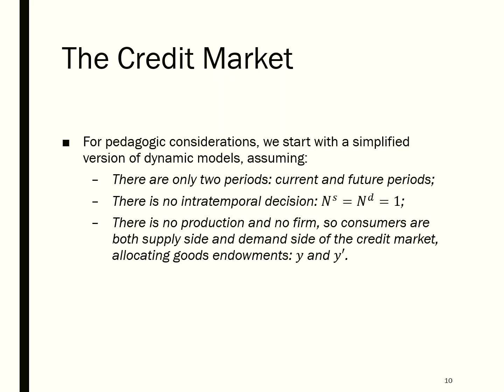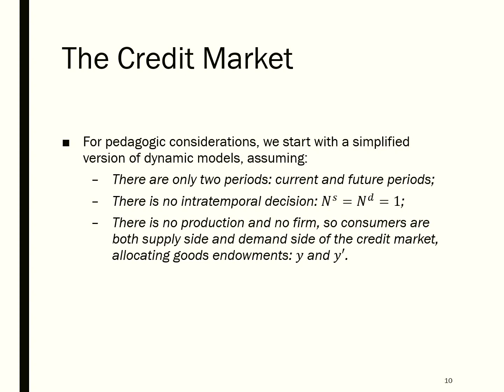Given that there is no production or no firm, consumers are both the supply side and demand side of the credit market. The endowment-rich consumers are the lenders who are lucky to have a higher income, and the endowment-poor consumers are the borrowers who are unlucky to have a lower income.